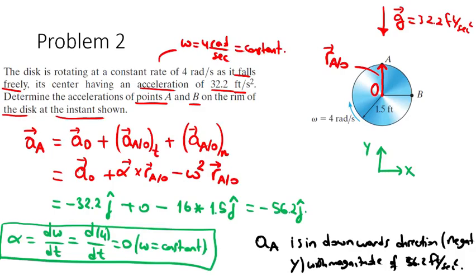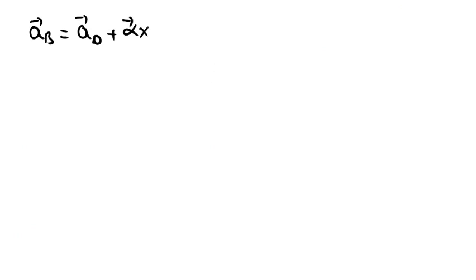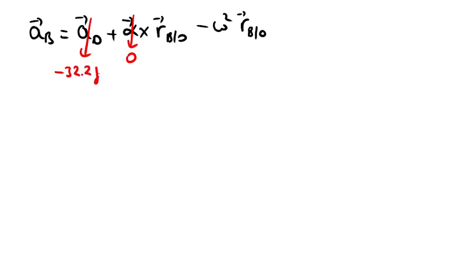Okay, now comes the acceleration of B. That will be the same formula. Let me write the full form: alpha cross R of B with respect to O minus omega squared R of B with respect to O. The first term, again, is 0. Then this one is again negative 32.2 j.